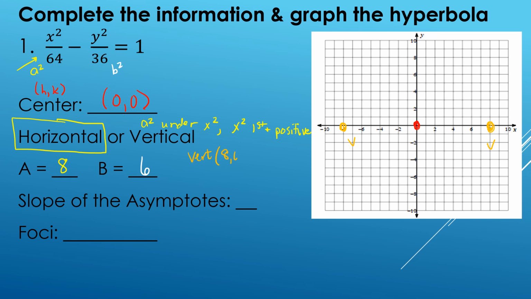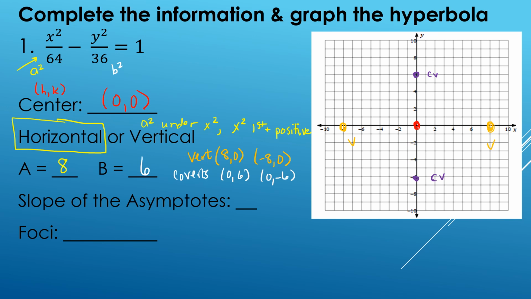So they are the points 8, 0 and negative 8, 0. We are then going to plot our covertices by traveling 6 units up and 6 units down from the center. So our covertices will be at the points 0, 6 and 0, negative 6.